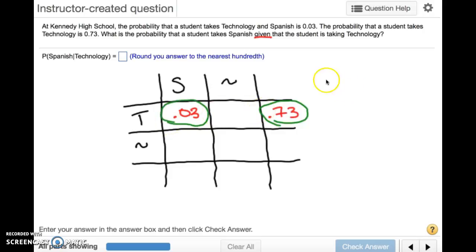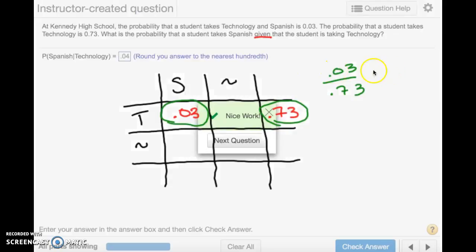We're going to use these two numbers, 0.03 divided by 0.73, and round it to 2 decimal places. And when I do that, I get 0.04, which I have entered in here, and it says my answer is correct. So if you don't have enough information to fill out the whole table, you don't have to. If it's given, you only need that row or that column.